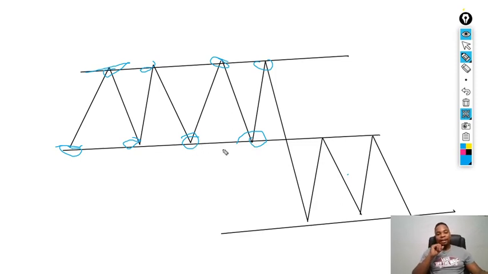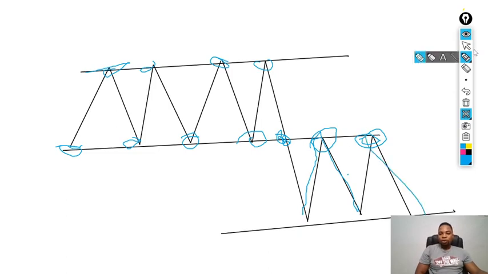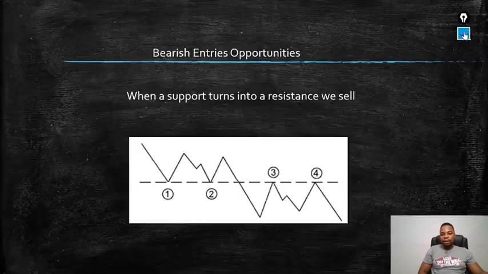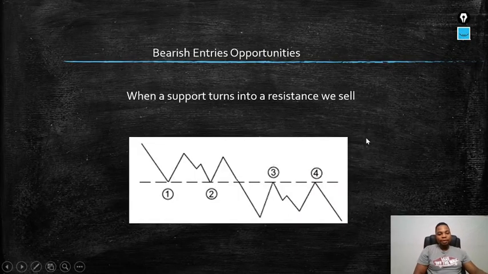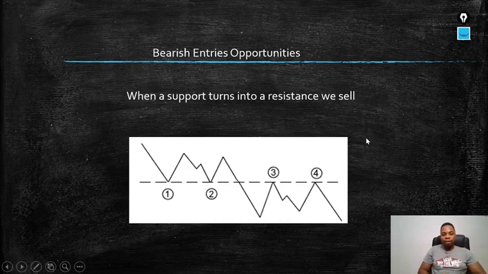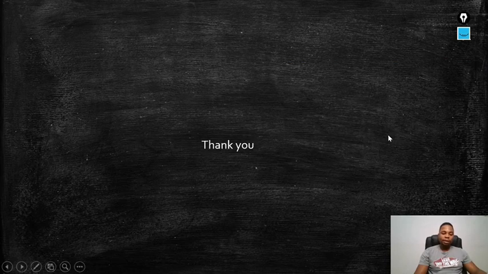And then that same support level broke here, and then that same support level created new resistance levels, which we are having here. And from that we now see a direction being pushed to the downside. So this is how the second one works. That says when a support turns into a resistance, we are looking for selling opportunities.